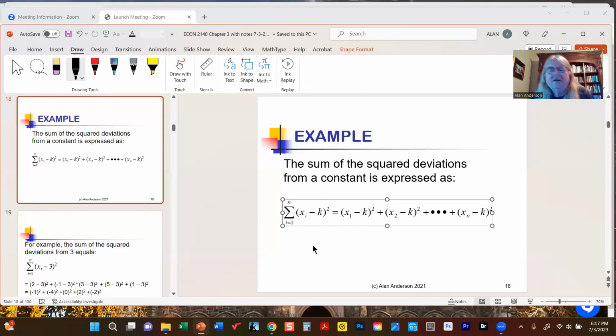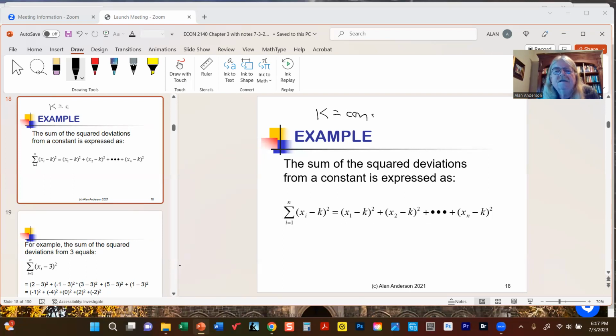What you have here is, if you notice, I've got some k. K is a constant. It doesn't matter which constant it is. What I have to do now is several things. For each x in my sample, I have to subtract this constant. Then I square the difference. And only then do I add them up.